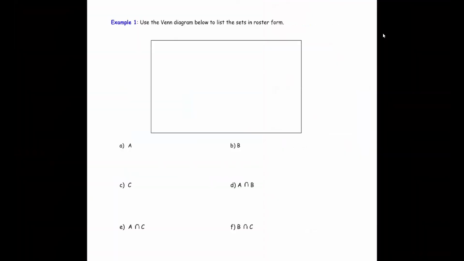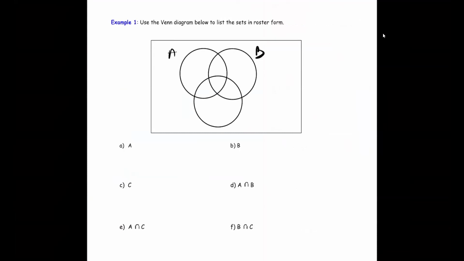All right, so this one says, use the Venn diagram below to list the sets in roster form. So I have to fill out the Venn diagram real quick for you guys, and then we can actually look at this. So here goes. You got 3 sets again, A, B, C again. So this time we have 12 over here. We have 10.